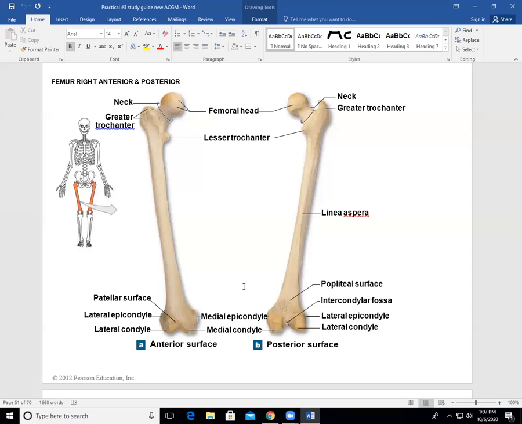So particularly, if it's easy to see the lateral and medial condyle, then at that point, I would flip it around, because then you know this is your anterior surface. Okay. If your neck, or if your head points to the right, it's the right femur.